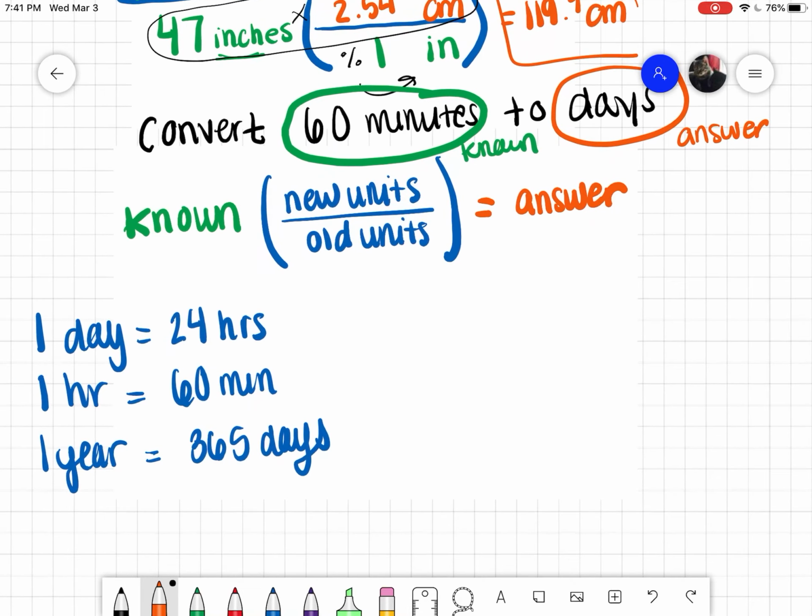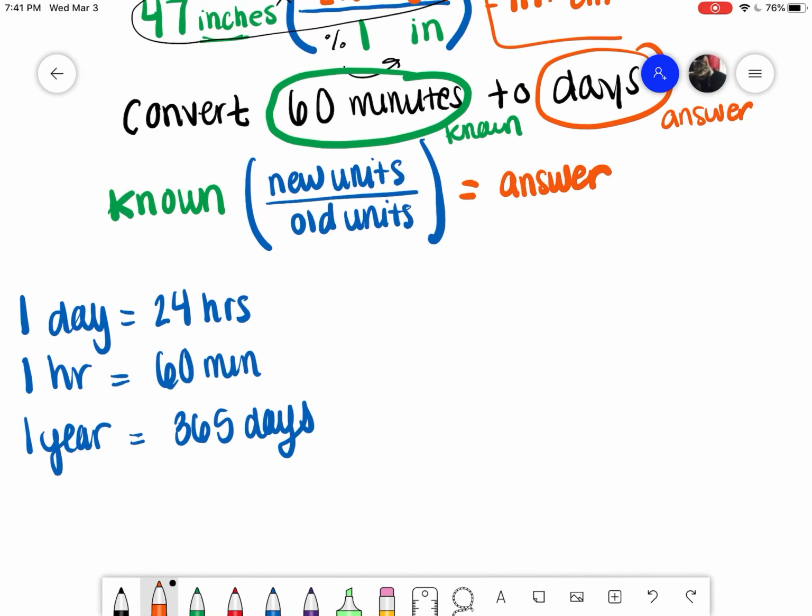So let's look at our conversions. We have a list of conversions to see how we are going to start this. So if I find the conversion for minutes, it is 60 minutes equals 1 hour. Well, 1 hour is definitely not a day.